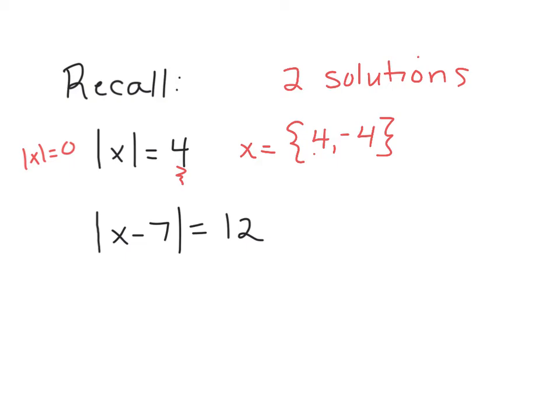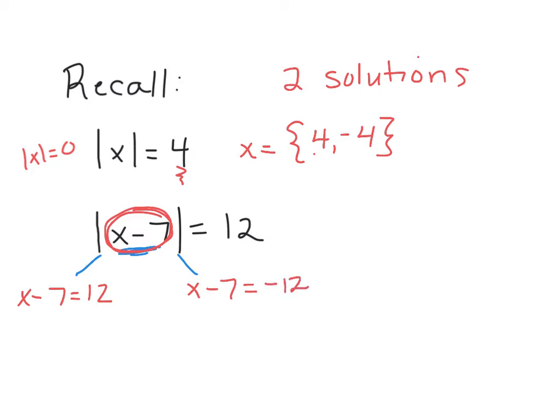But as I said prior to vacation, when the thing in here is a little bit more complicated, what we want to do is set up two cases. Case 1 is if the insides, the guts of that absolute value, is equal to positive 12, we will have a solution. But also, if the guts of that absolute value were equal to -12, we'd also have a solution.